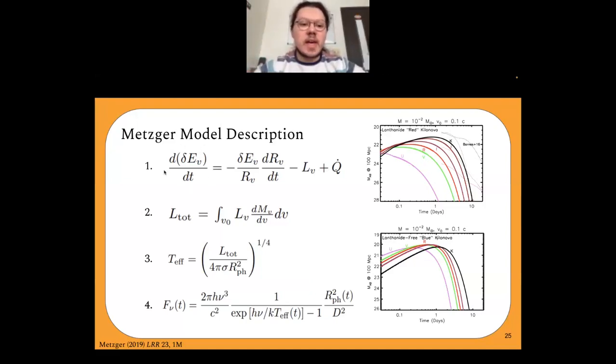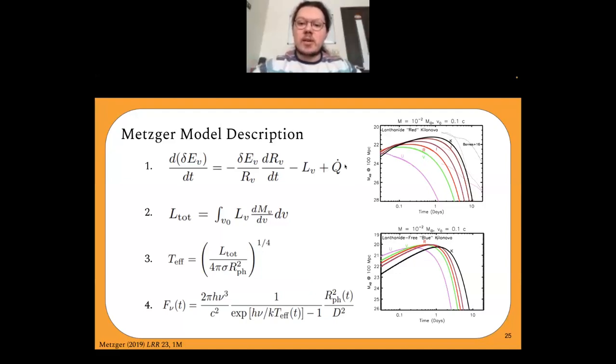The energetics of this third radioactive heating component work as follows in equation 1. The first term on the right-hand side is energy lost from the system due to the expansion of the ejecta, so work done by expansion. We have the luminosity, which is lost via thermal cooling of the ejecta as it releases photons.